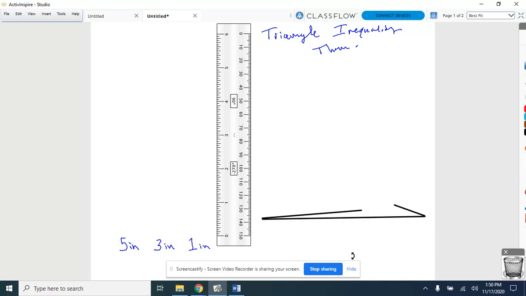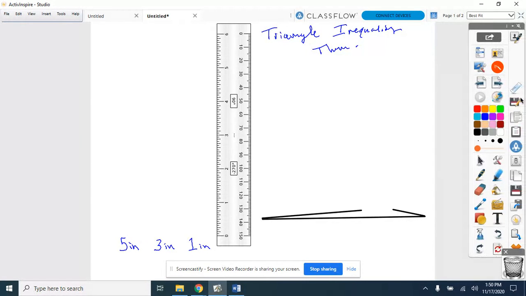So even if we keep turning and turning, we aren't going to be able to make a triangle. Why? Because this 1 and 3 won't add up. Even if we lay them flat right on top of each other, this 1 distance plus this 3 distance will never be the length of this 5 distance.